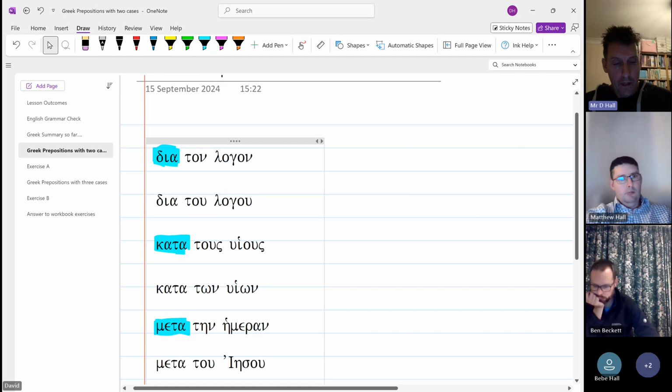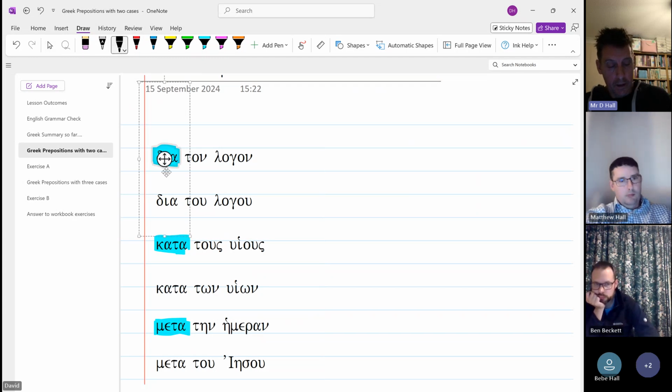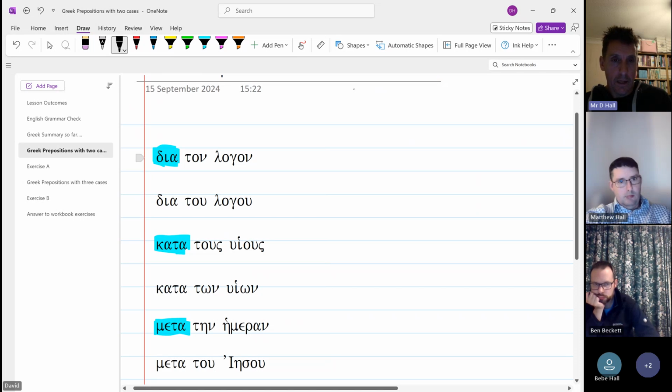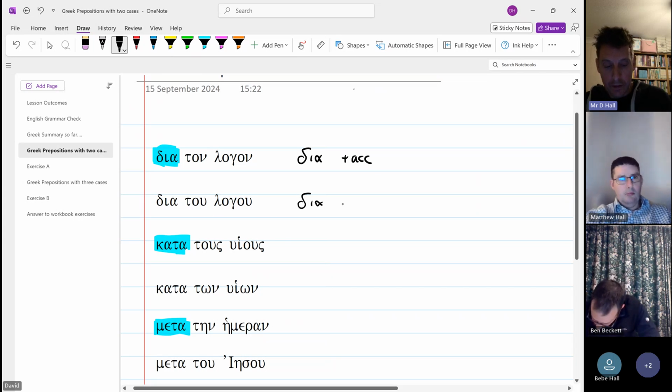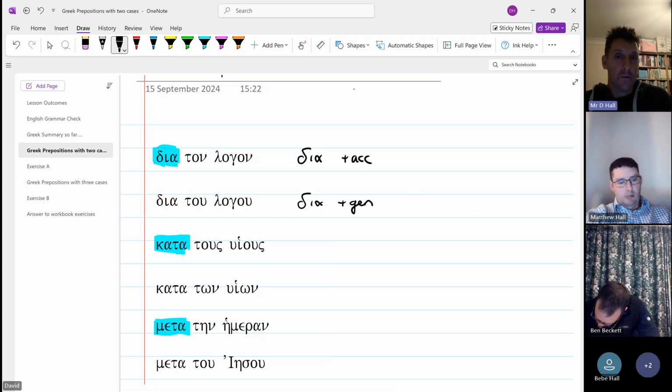Now, if we look at this first one here, what we find is that dia can follow a noun in the accusative, so dia plus the accusative, or you might find that this particular preposition follows with a noun in the genitive, which is tou logou. So they mean 2 different things. Okay. We're just going to have to learn them, and it will take a little while before you become familiar with which one's which.